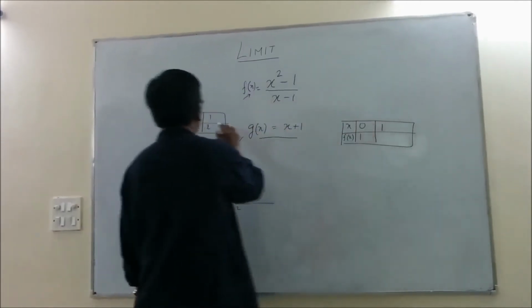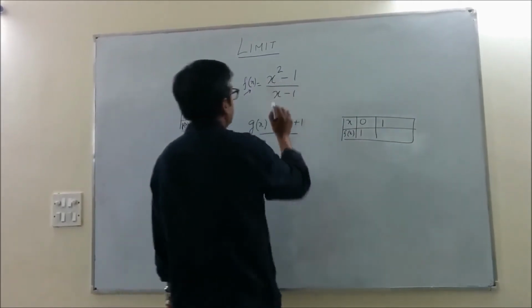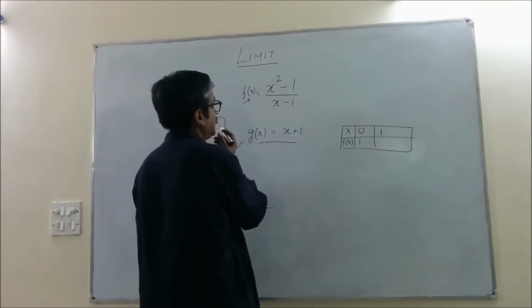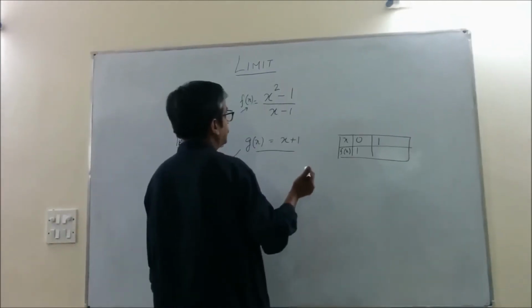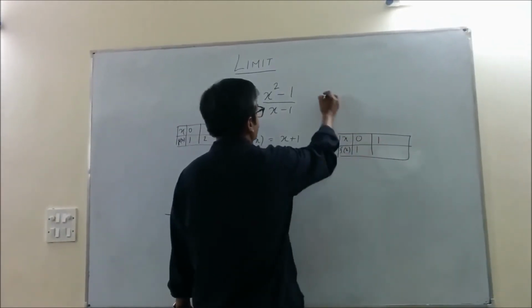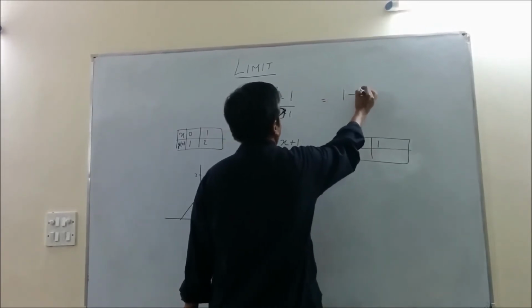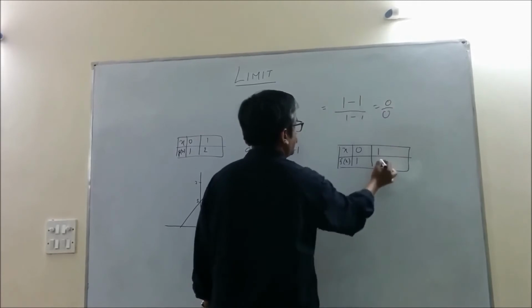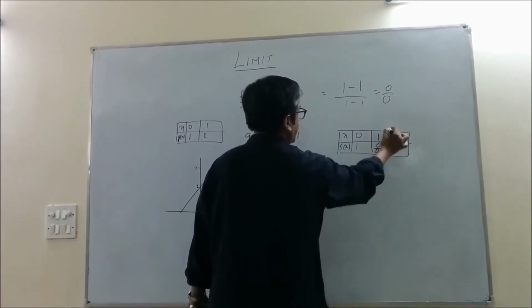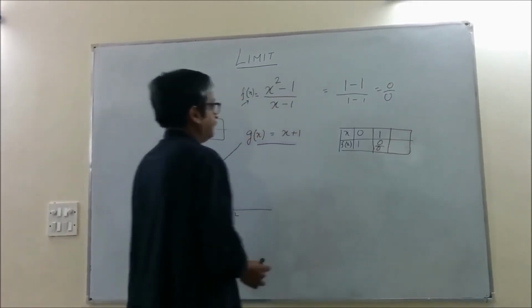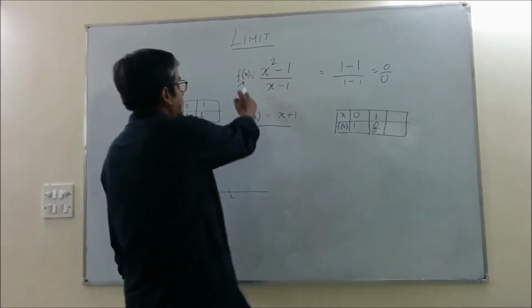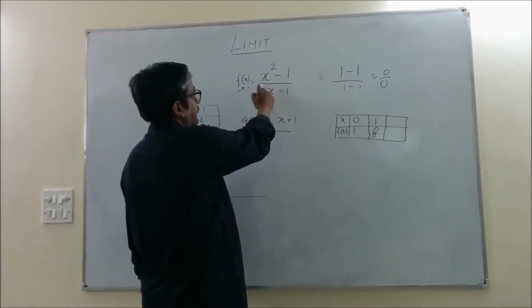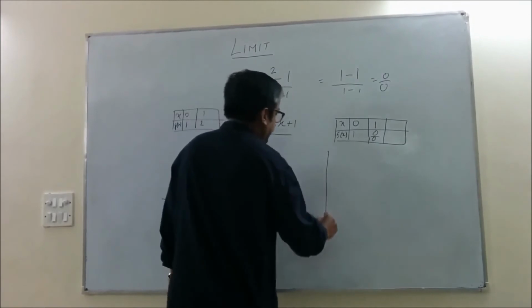Then here x is 1, I take that as 1. Oh, that creates a problem. Because once I put x equals 1, this becomes 1 minus 1 by 1 minus 1, which is 0 by 0, and 0 by 0 is not defined. So at x equals 1, this function is not defined.